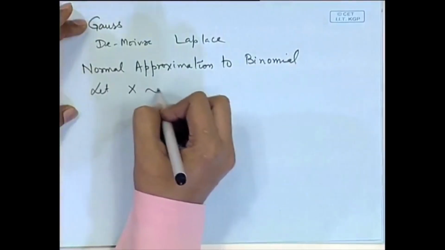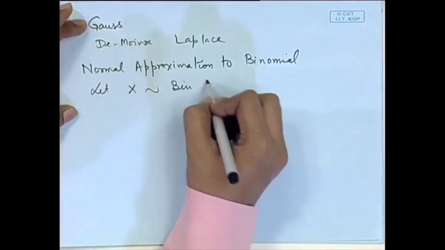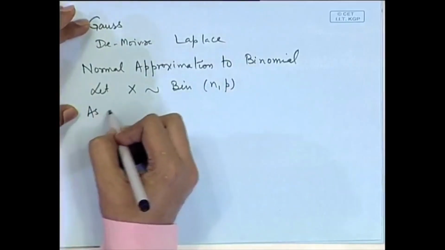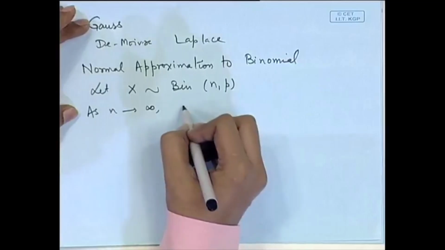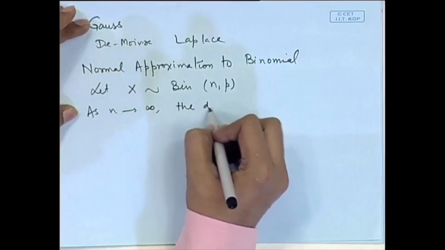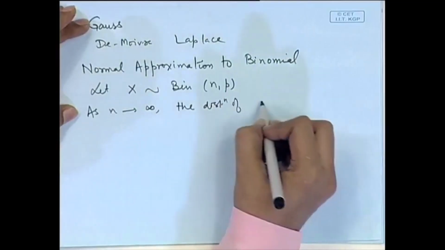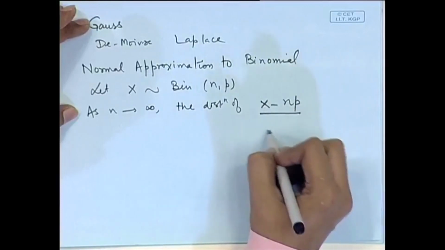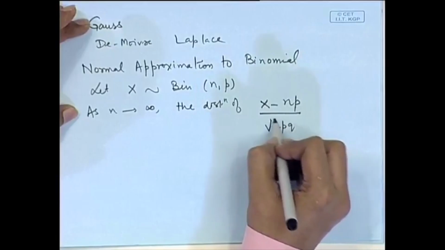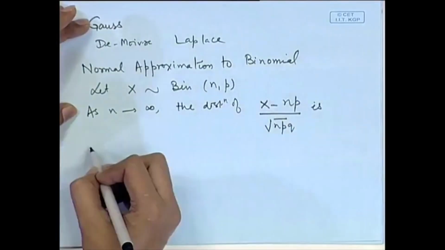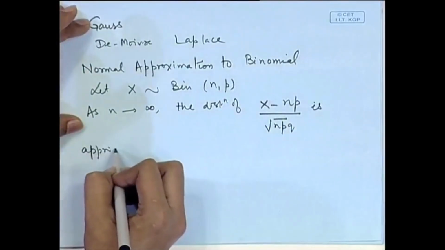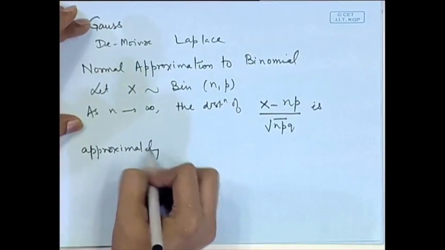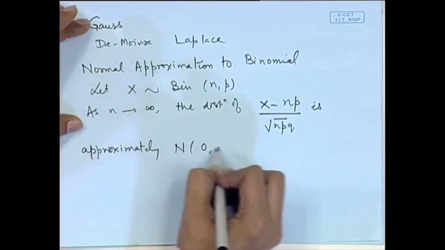So, let x follow binomial n, p. As n tends to infinity, the distribution of x minus np divided by root npq is approximately normal 0, 1.